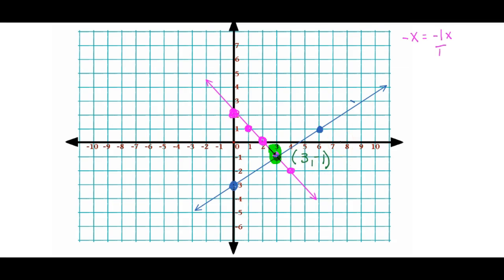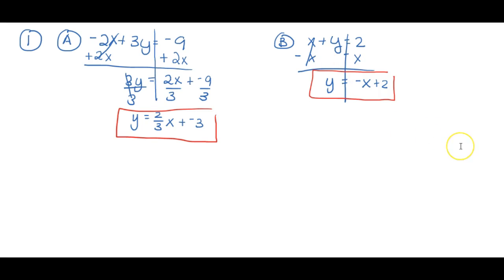Now, don't forget to go back and check your solution. So let's go back and check. And this kind of ties into the previous video where we're taking our two equations and we know that this is 3, negative 1. So in place of y, I'm going to put negative 1 in.